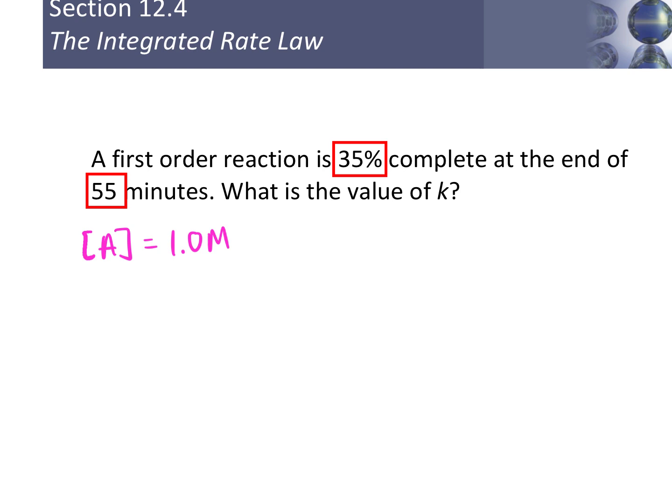Okay, and at 55 minutes, we can just keep it in minutes for right now. At 55 minutes, we are 35% complete. So what does that mean? Essentially my final concentration of my substance will be?